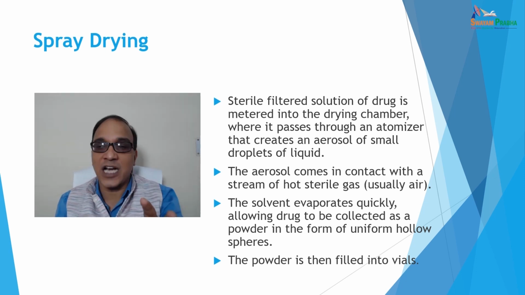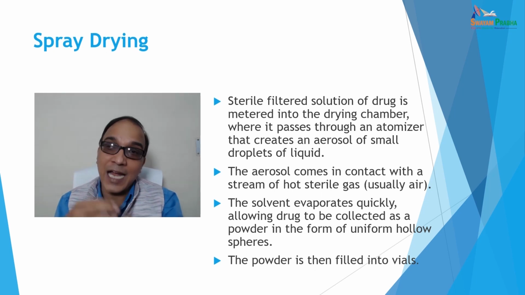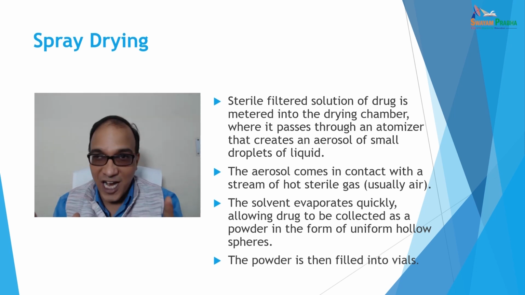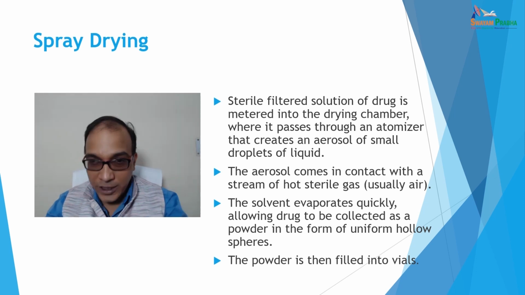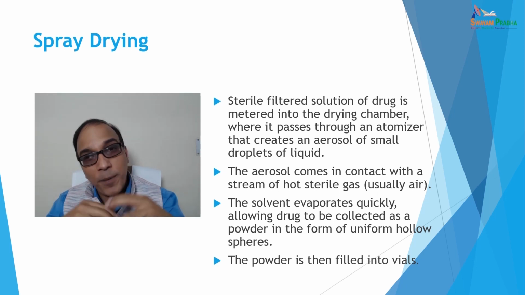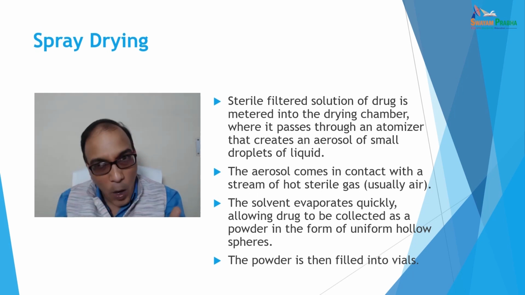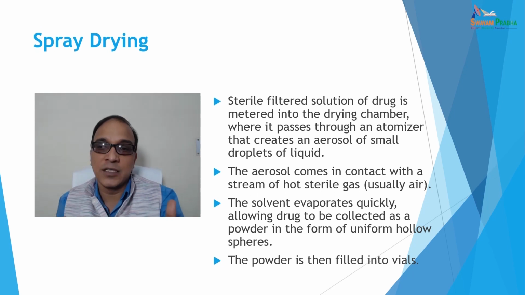You are blowing the sterile filtered solution of drug and atomizing it, and it is being dried simultaneously. The aerosol comes into contact with the stream of hot sterile gas. Usually it is hot, dry air. The solvent evaporates quickly, allowing the drug to be collected as a powder, coming from the bottom in the form of uniform hollow spheres.